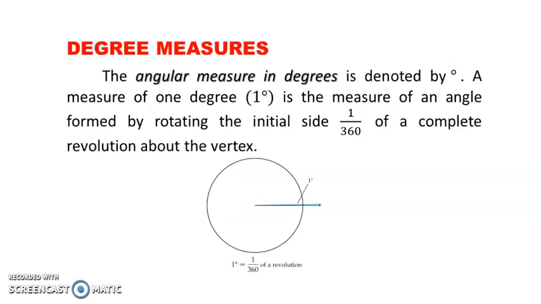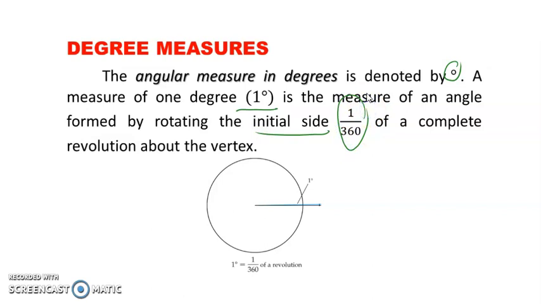The first way of measuring angles is in terms of degree measures. The angular measure in degrees is denoted by the degree symbol. A measure of 1 degree is the measure of an angle formed by rotating the initial side 1 over 360th of a complete revolution about the vertex.